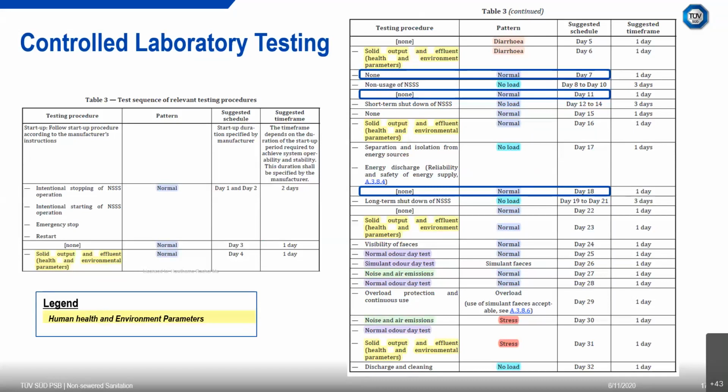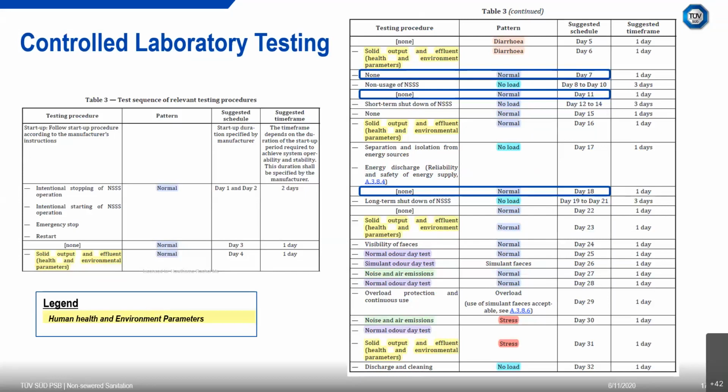Non-usage is when there is no intentional shutdown of the system by the user and the system is not used nor has any human interaction for a minimum period of 60 hours. A short-term shutdown is an intentional shutdown of the NSS for 60 hours or less, and a long-term shutdown is more than 60 hours.